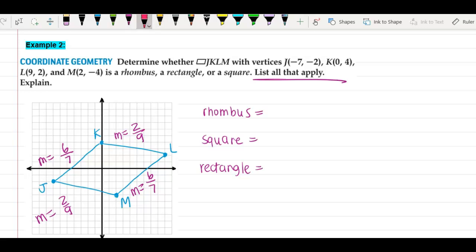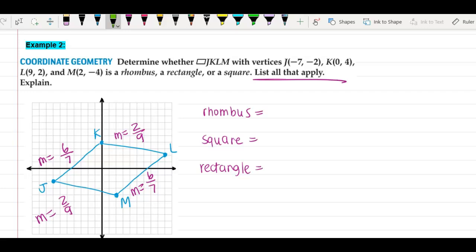And there's a few different ways that you could actually eliminate these, okay? One thing that stands out to me, just thinking about the basic definition of a rhombus, a square, and a rectangle, is that squares and rectangles have 90-degree angles, okay? So if we're looking at this picture, these angles are clearly not 90 degrees, okay?